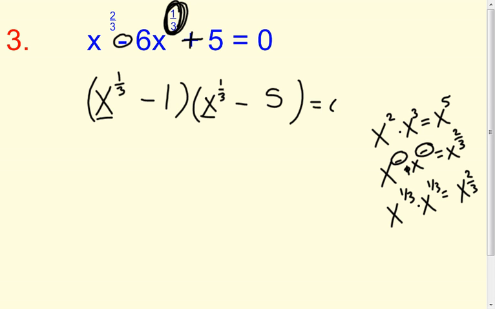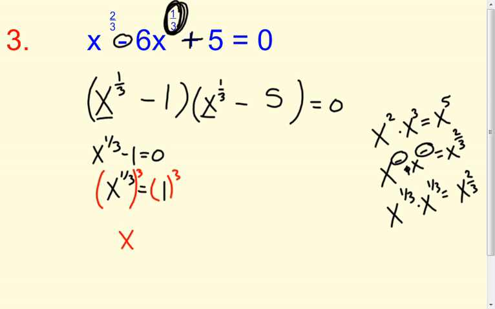Okay? And then, of course, you're going to set each of these equal to 0. So I have x to the 1/3 minus 1 equals 0. So x to the 1/3 power equals 1. And you undo that 1/3 power by cubing it. So if I cube that, then of course that undoes each other. And 1 to the 3rd power, 1 times 1 times 1, is still 1. Okay.